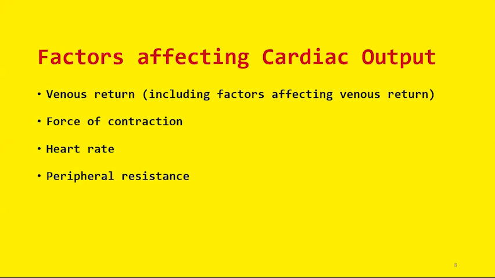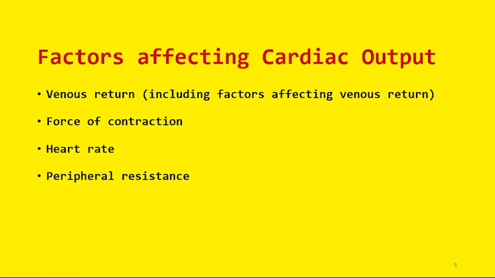So, if you increase the resistance, you are obstructing the blood flow. Hence, the venous return will be compromised. And if venous return is compromised, the cardiac output will be decreased as well. So, this factor, peripheral resistance or total peripheral resistance, is inversely proportional to cardiac output. This means if you increase the TPR, cardiac output will decrease, and vice versa. So the first three factors are directly proportional to cardiac output, and TPR is inversely proportional to cardiac output.